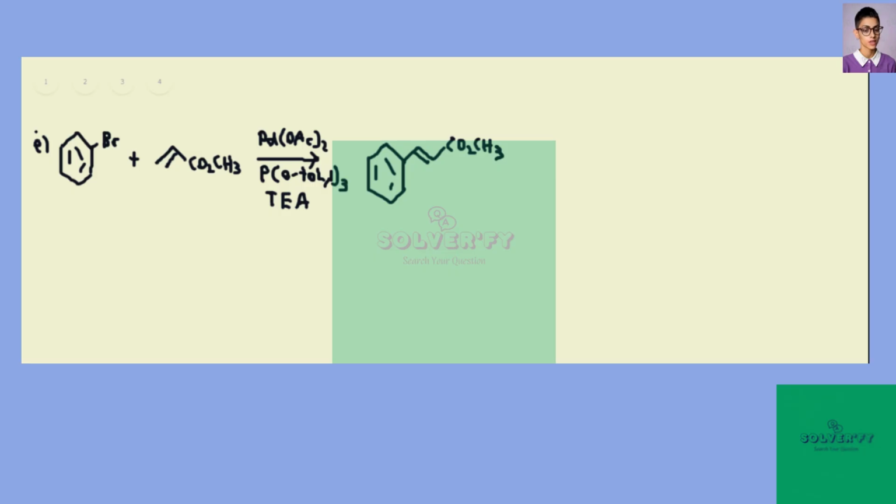Okay, and then the last thing that we need to do here is the carbene type reaction that we learned in this chapter. And so it's going to be with this zinc copper species.